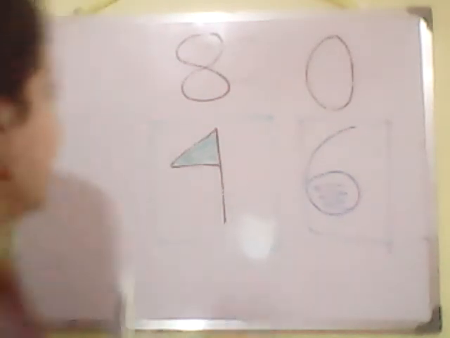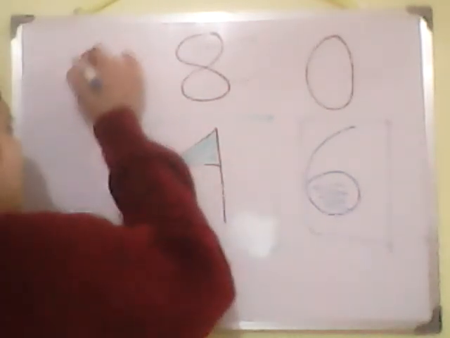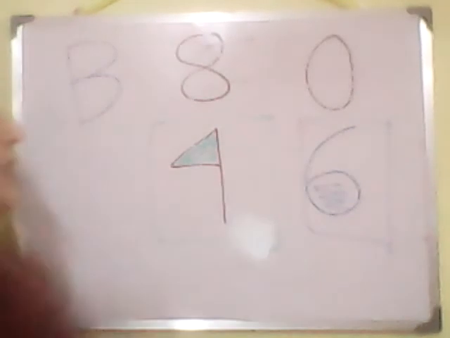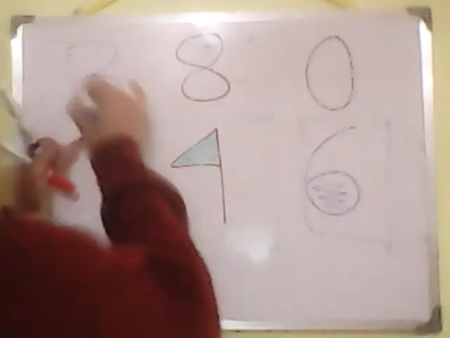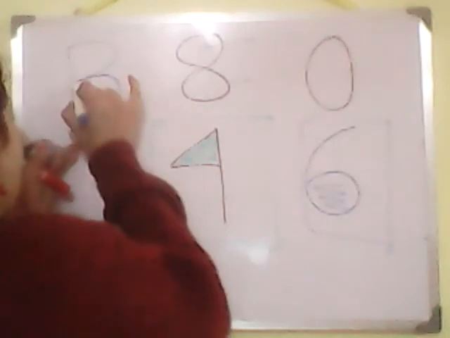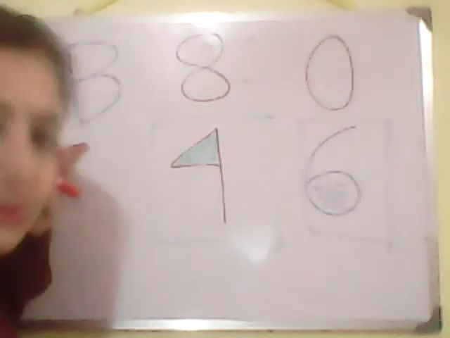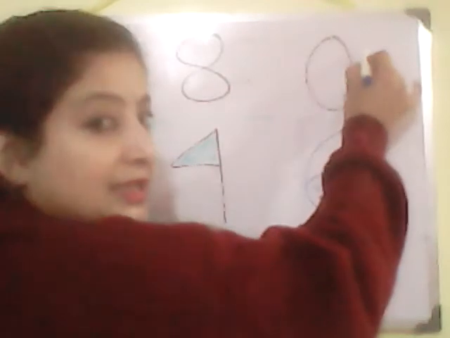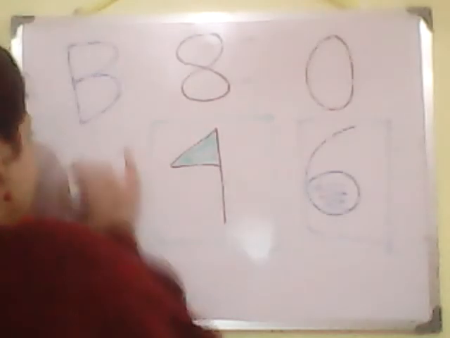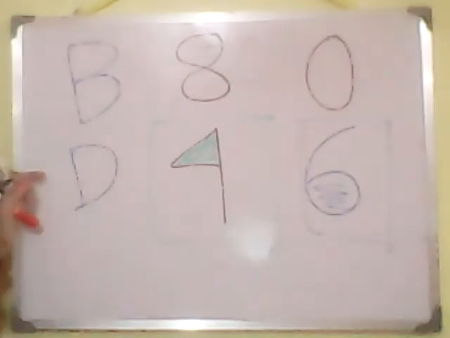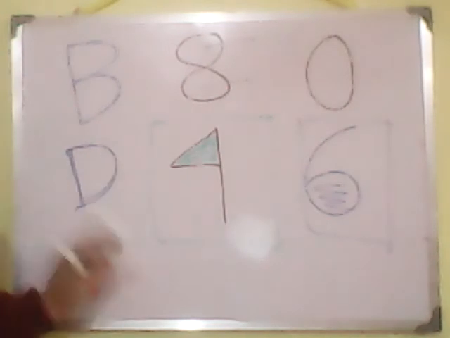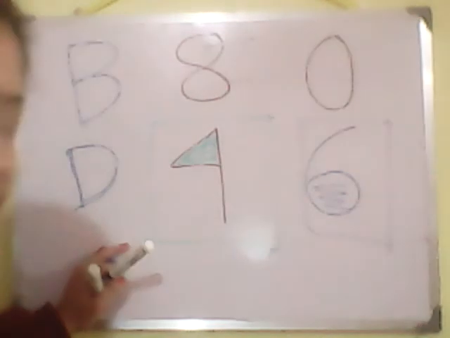Just like this, in the case of the letter B, B for blue, B is totally bounded. This portion is bounded and this portion is bounded too. And the letter D, capital D, is totally bounded.